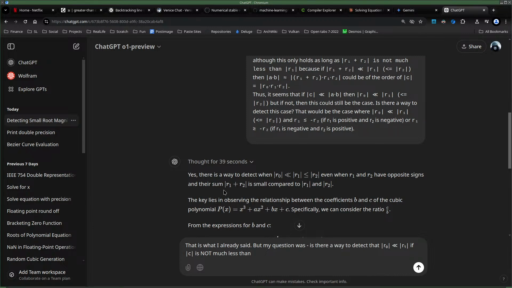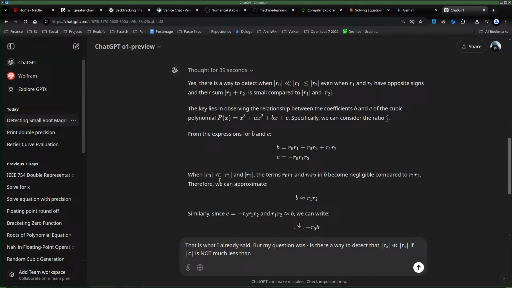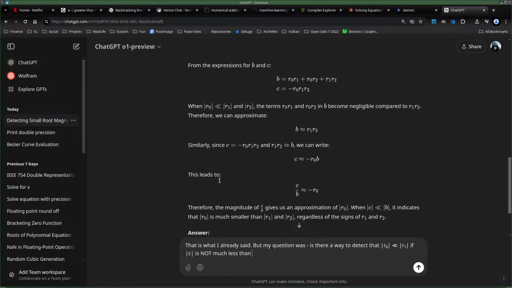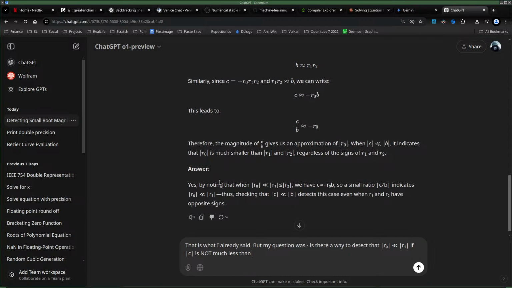Okay, well, it's not exactly the same. I'm talking about A times B. Absolute value of C and B are compared.